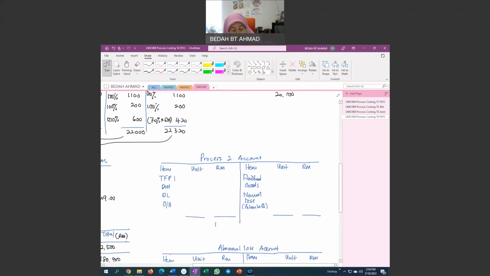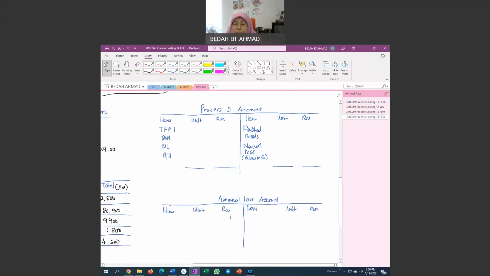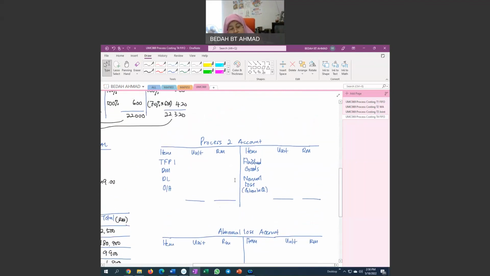So next for the process 2, process 1 is completed already. So we need to continue with process 2 and finish our abnormal loss and normal loss accounts. We record first the abnormal loss and normal loss accounts.